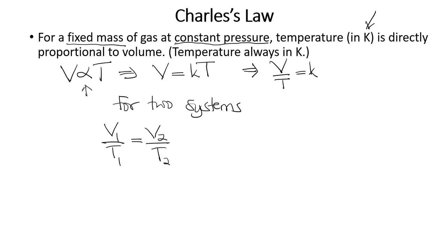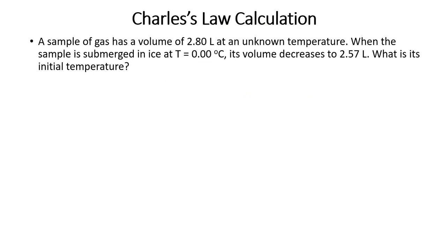Now, let's look at a problem that we can solve using this Charles' law. Here we have a sample of gas that has a volume of 2.80. So immediately, this is our V1.